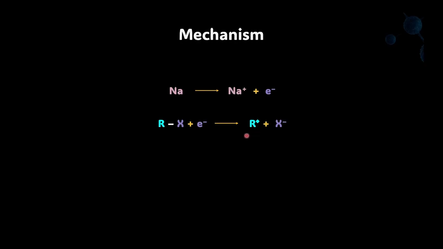As a result, what you get is R free radical. So think of it that this electron is leading to a homolysis situation here. As a result, what you get is X free radical and R free radical. The moment X free radical sees one electron nearby, it becomes X minus, and as a result, what you get is alkyl free radical.